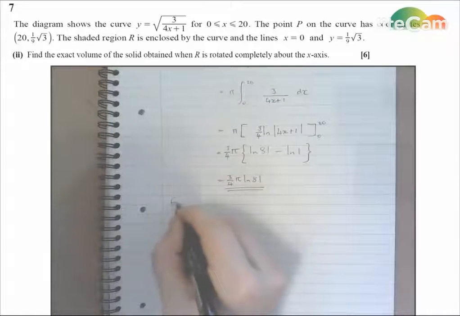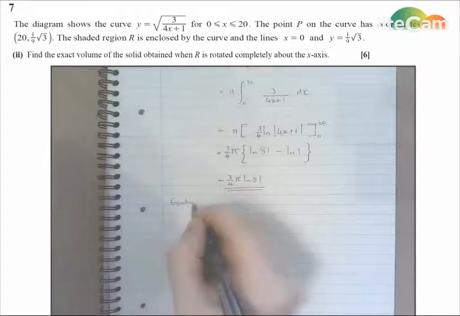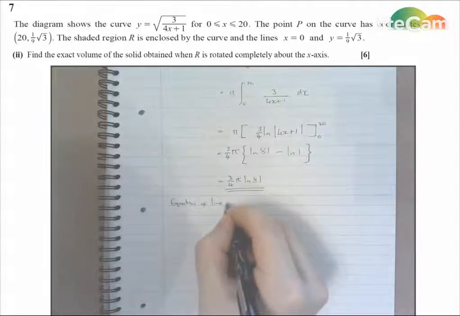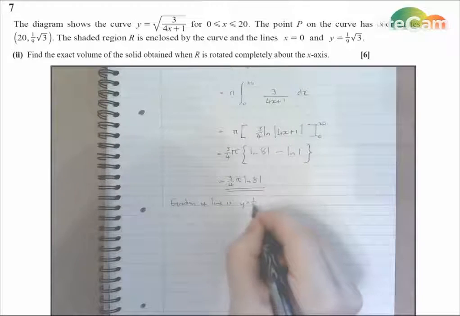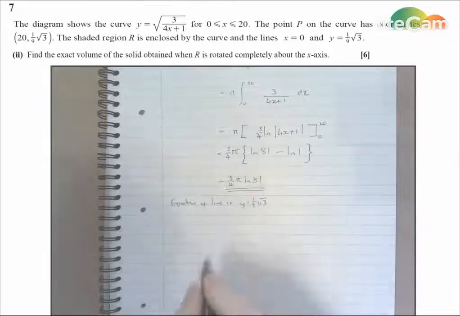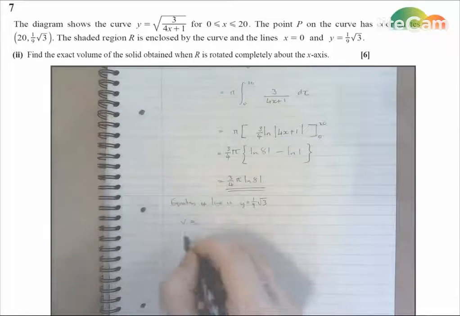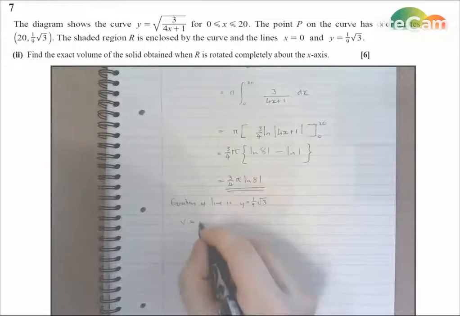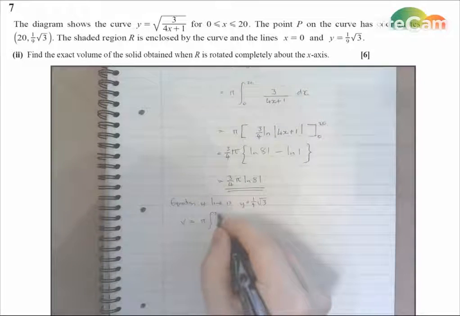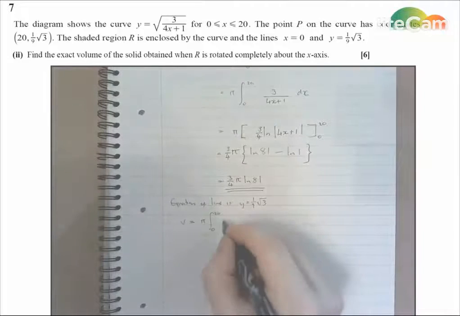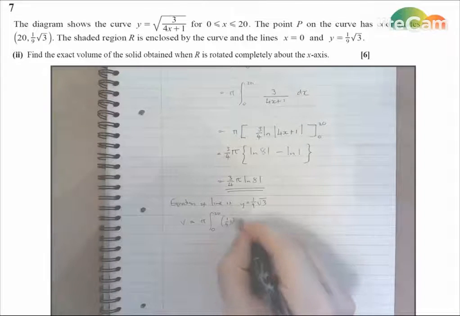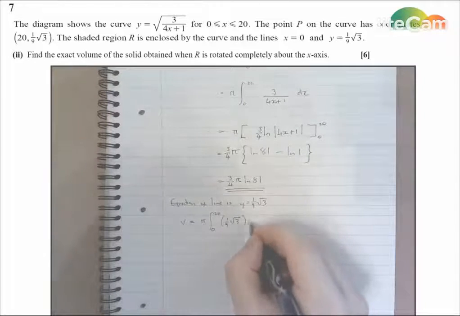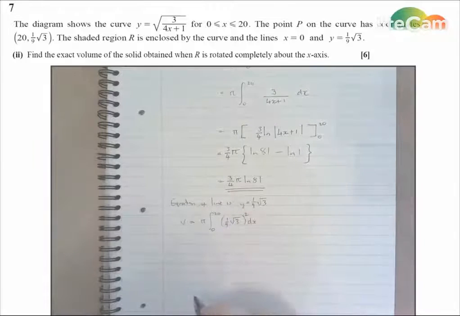We know the equation of the line is y equals 1/9 root 3. So the volume created by rotating that line around the x-axis will be pi integral between 20 and 0 of 1/9 root 3 dx. Oh, sorry, that's squared.